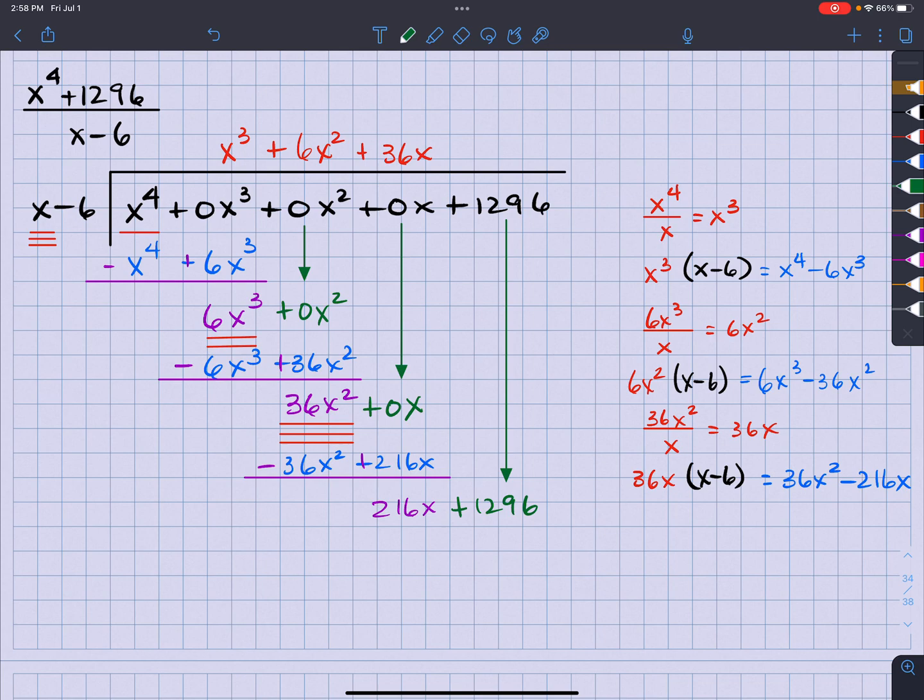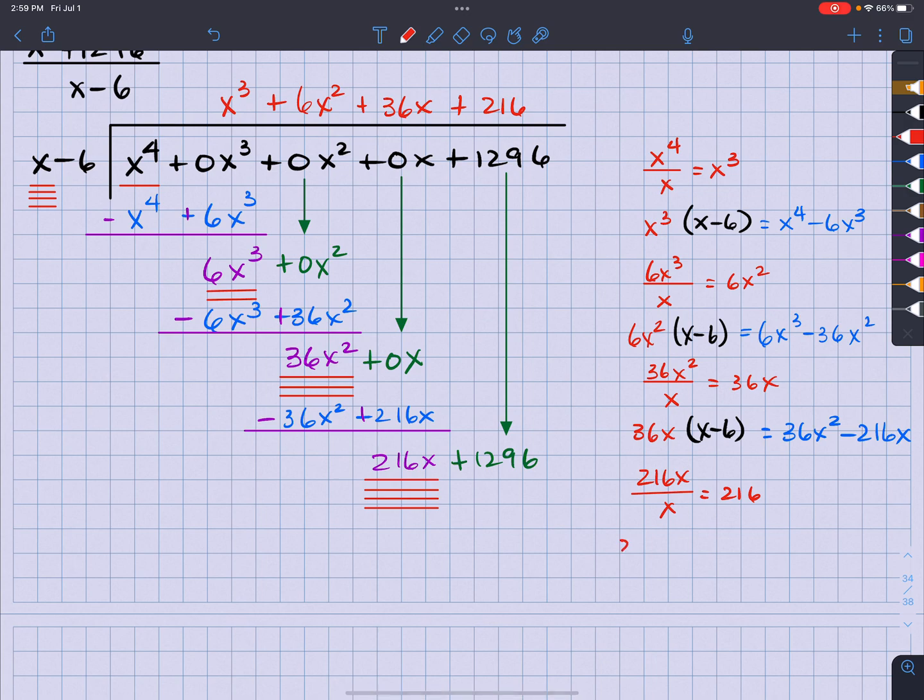And then again, how many times does x go into 216x? Over here on the side, 216x divided by x gives me 216. So I put down plus 216.